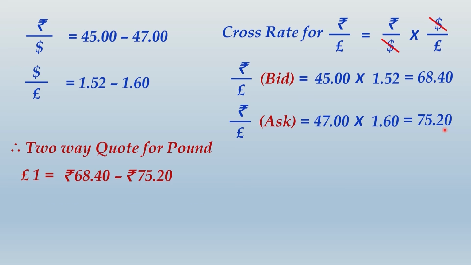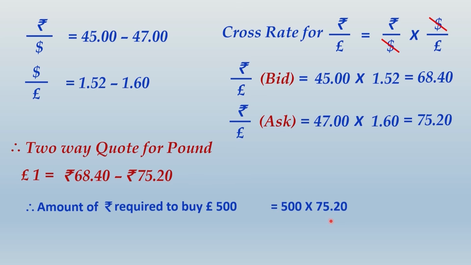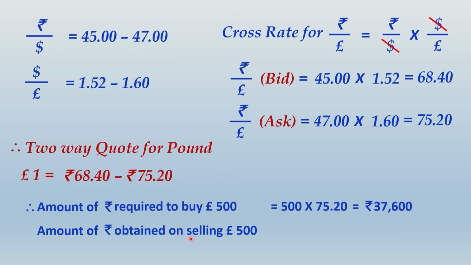Now let us answer the question. Therefore, amount of rupee required to buy pound 500, because we have to buy pound 500, we would apply the ask rate of pound. So it will be 500 multiplied by 75.20, and what you get is rupees 37,600. The next part of the question, amount of rupees obtained on selling 500 pounds.